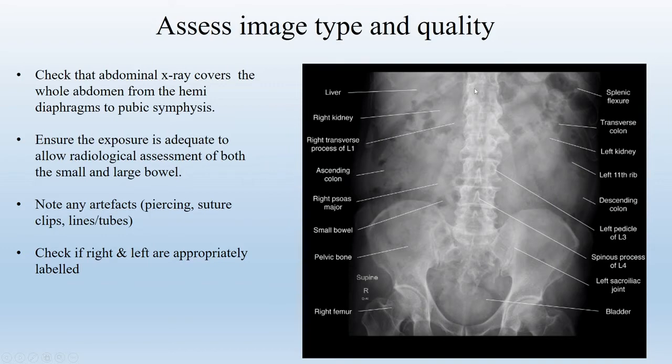You can see the bodies of the spine vertebrae, lumbar and thoracic, and also that you can see the large and the small bowel. Then you need to notice any artifacts, and also it's important to check where is right and where is left side.